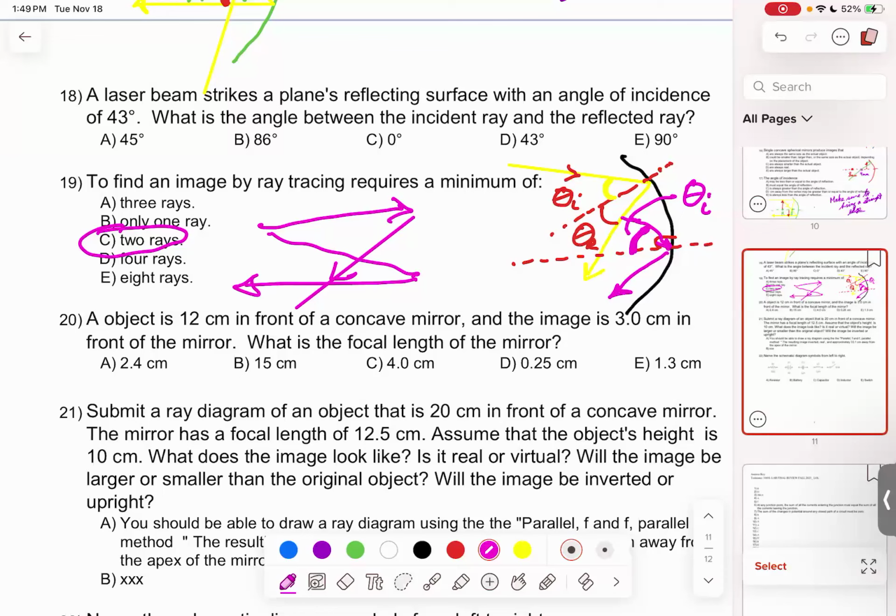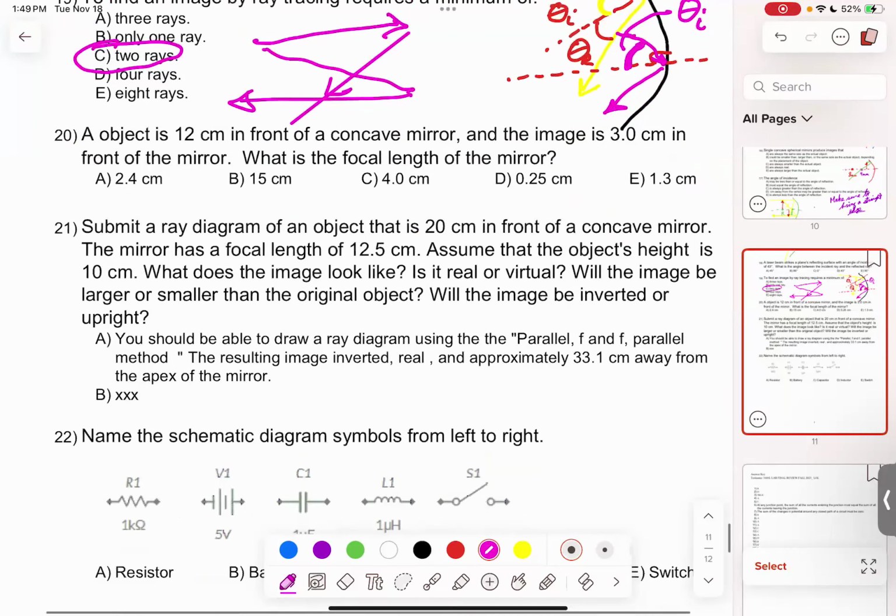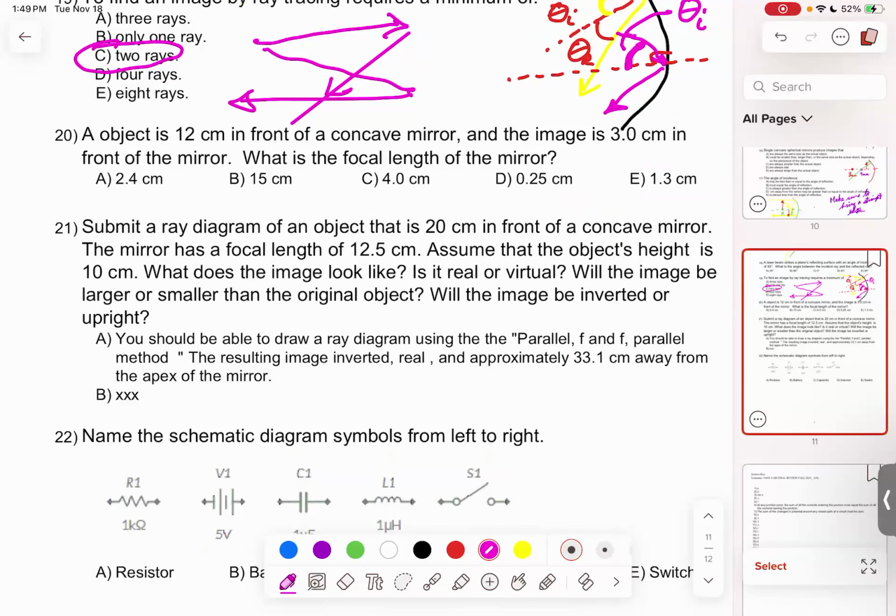And I think I put a video on how to draw ray diagrams. So 20 and 21, I'm not going to do, but you should practice this by drawing.